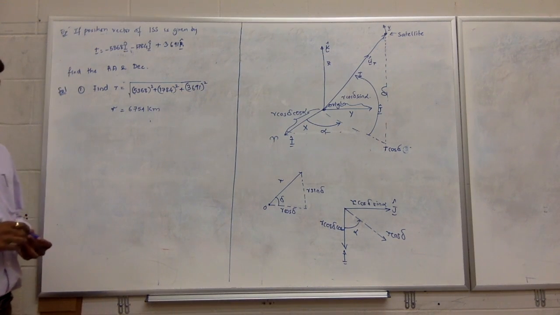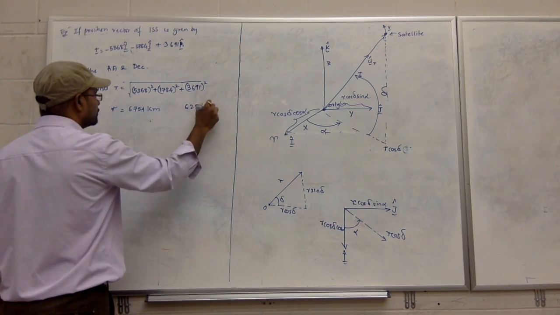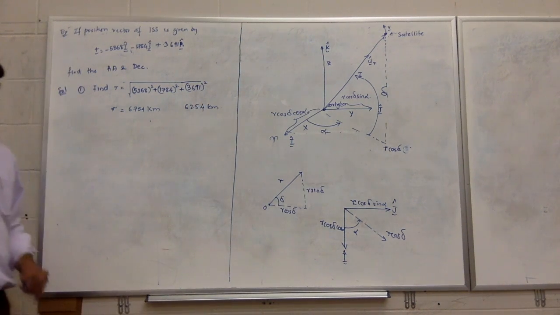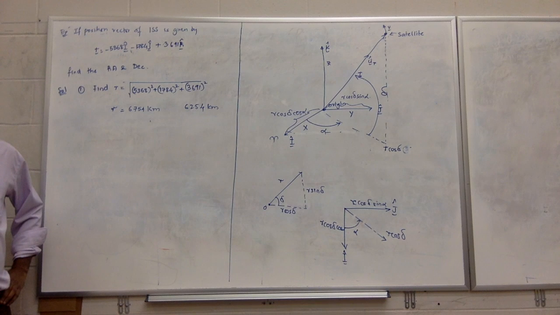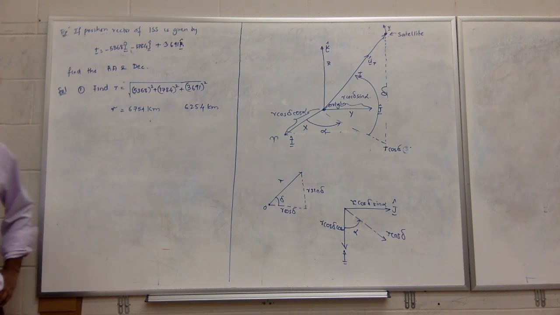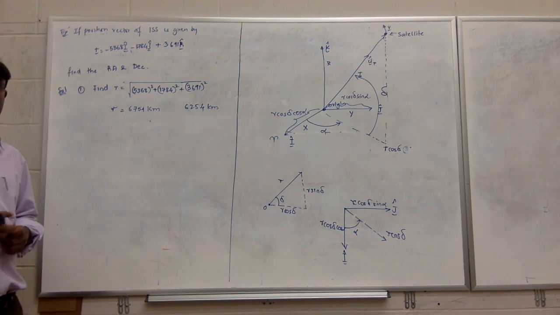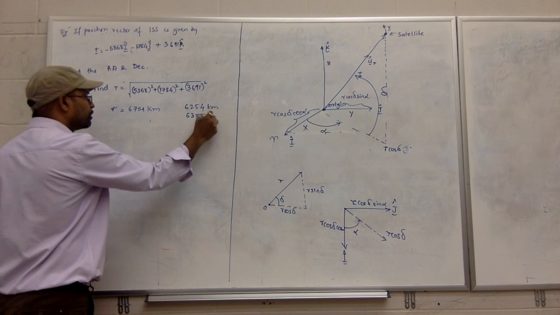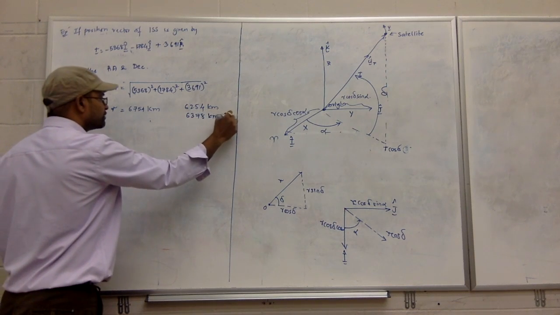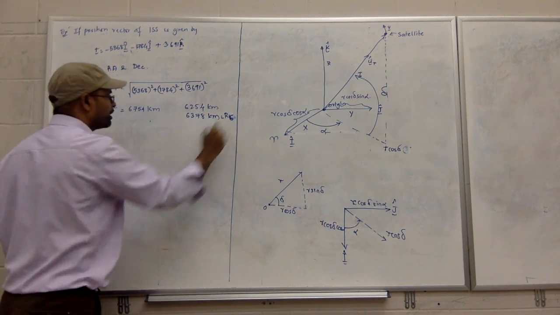When you're doing this, if you get something much smaller, should you be alarmed? Yeah, because the Earth's radius is like 6,000. Exactly. So this is one of the checks you need to do yourself. You should always remember this R_E, the Earth's radius.